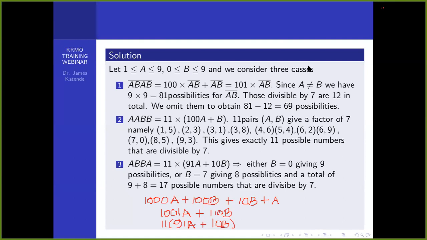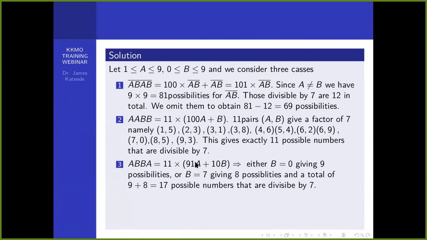So again, clearly from the factorization we have, 101 is not a factor. So we don't need to worry about 101. We just need to find numbers of this form that are divisible by 7. So we already know that 91 is divisible by 7.